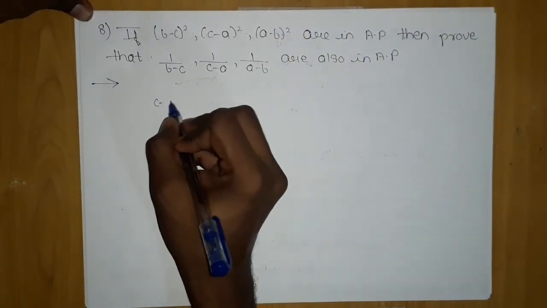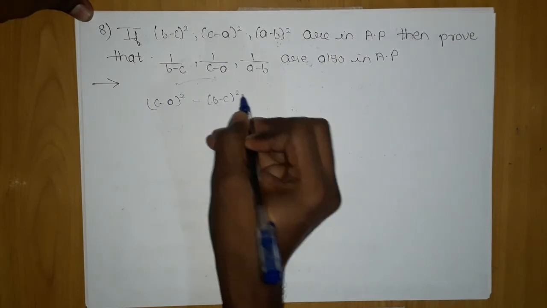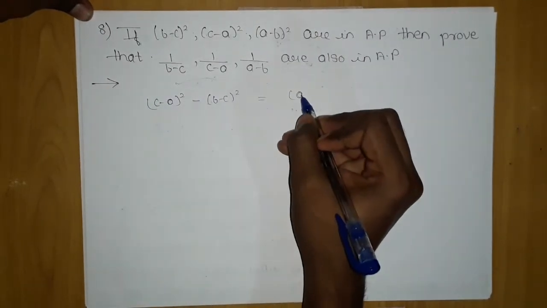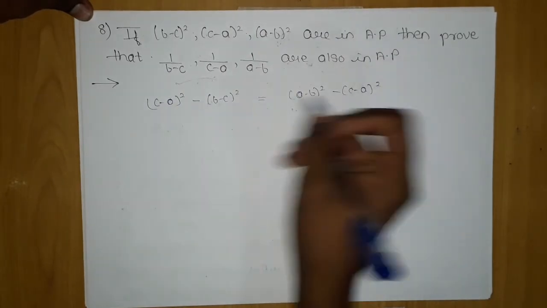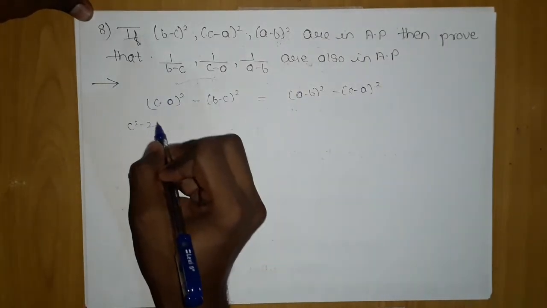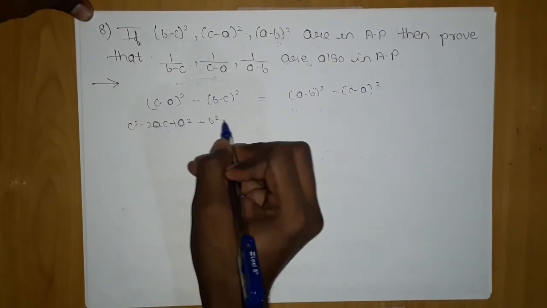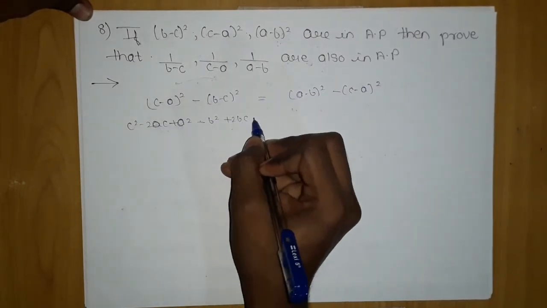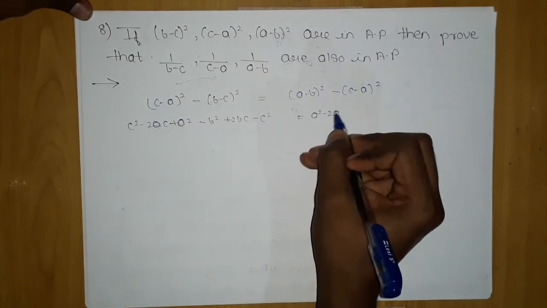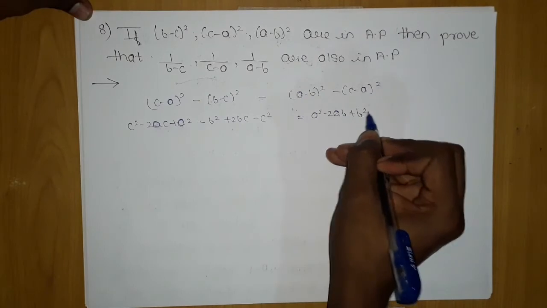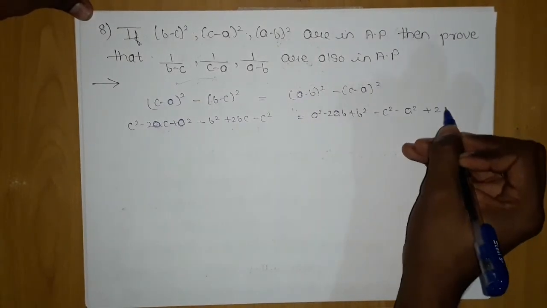So (c minus a) the whole square minus (b minus c) the whole square should be equal to (a minus b) the whole square minus (c minus a) the whole square, right? So c square minus 2ac plus a square minus b square plus 2bc minus c square equals a square minus 2ab plus b square minus c square minus a square plus 2ac.